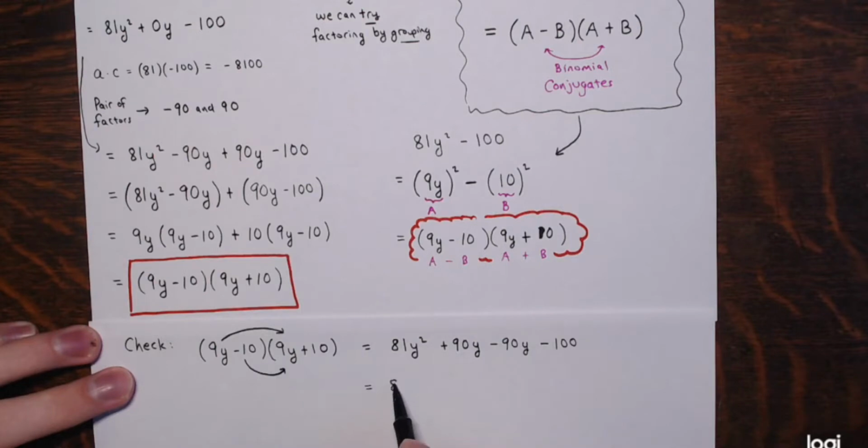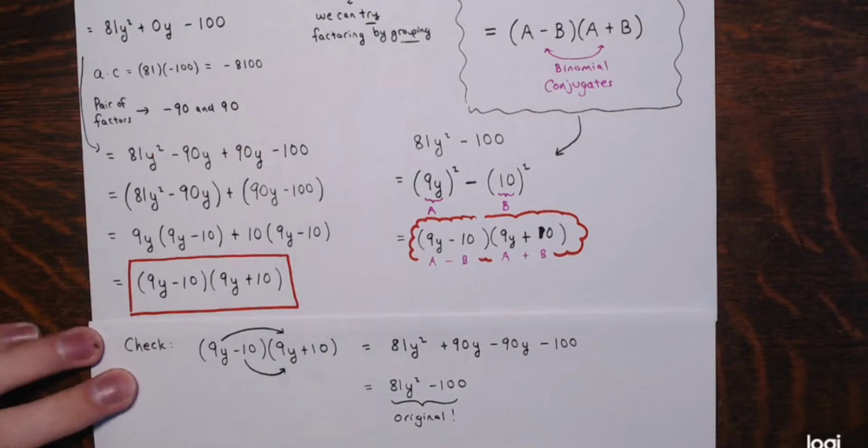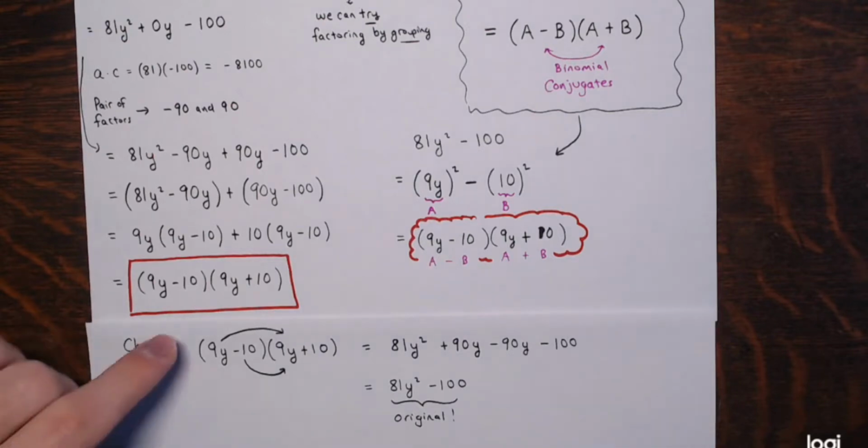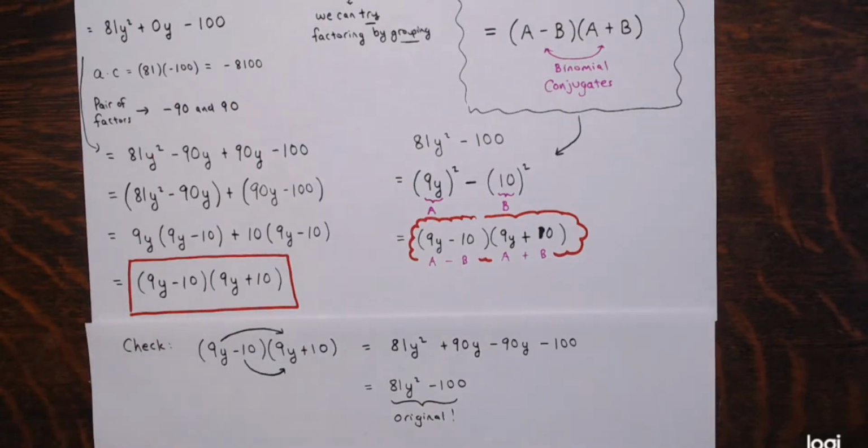And I'm left with 81y squared minus 100, which is exactly the same as the original expression. And that's what you're looking for when you check your factoring. If you multiply your result and get the original expression back, and you know that you actually multiplied correctly, then your factorization is a good factorization.